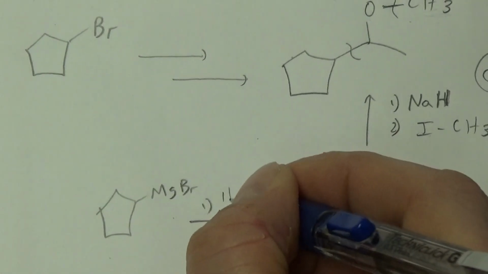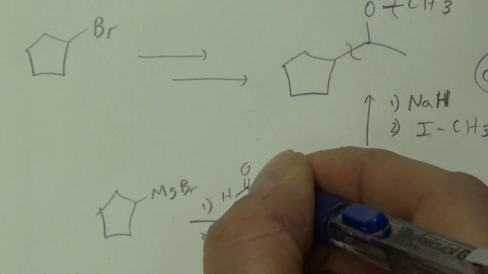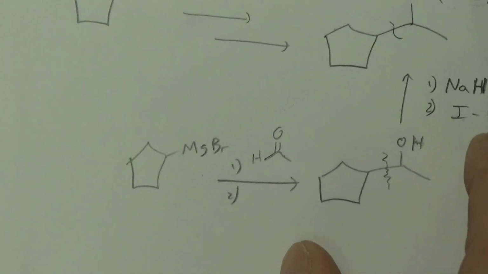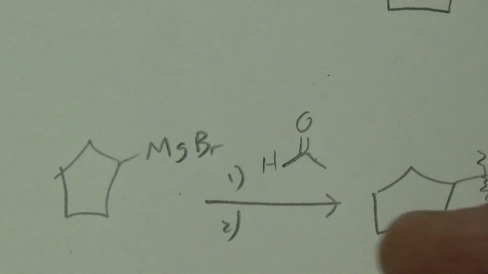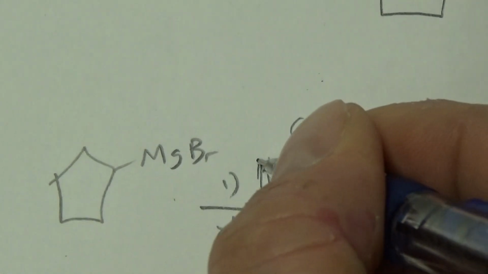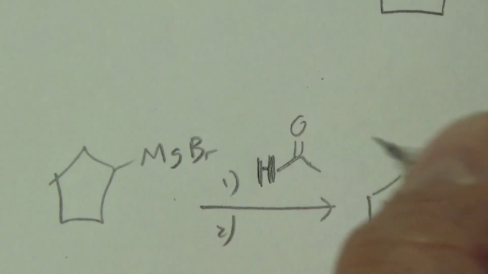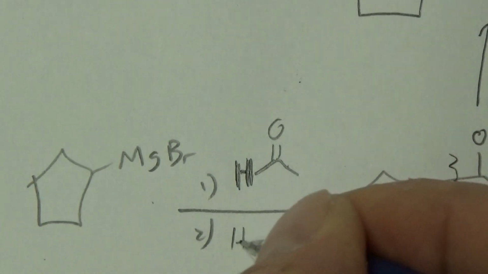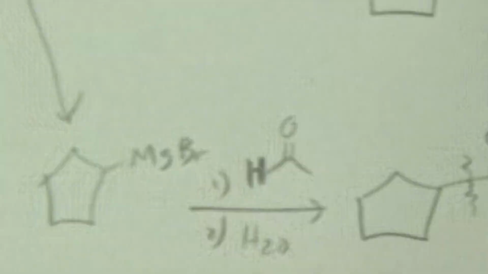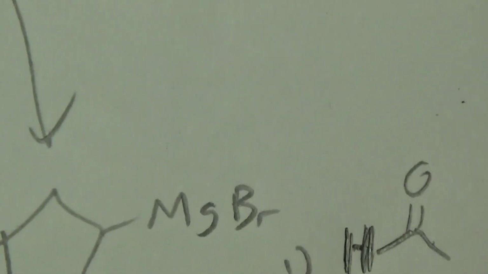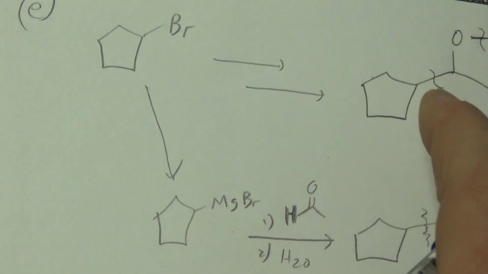So 2-carbon aldehyde, there we go. What's step 2? Step 2 is H2O. And how do we convert a bromide into a Grignard? Mg.